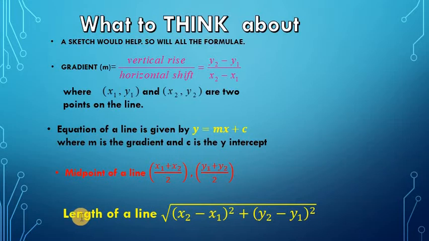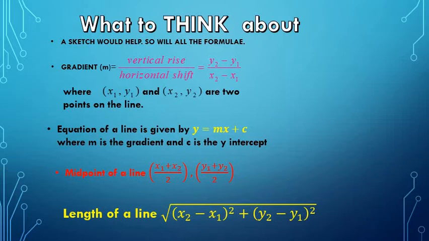The length of a line is given by the difference in the x coordinates squared, x2 minus x1 squared, plus the difference in the y coordinates squared, y2 minus y1 squared. We take the square root of that.